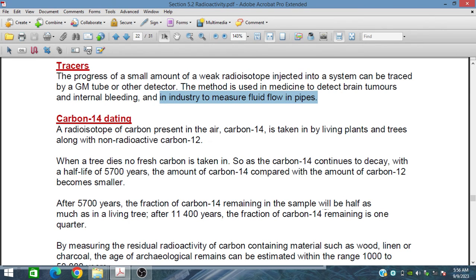After one half-life, the fraction of carbon-14 remaining in the sample will be half as much as in living trees. After two half-lives, the fraction remaining is 1/4. After 11,400 years, it will be 1/4.